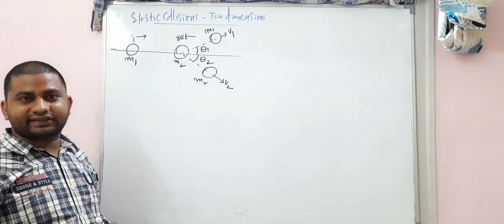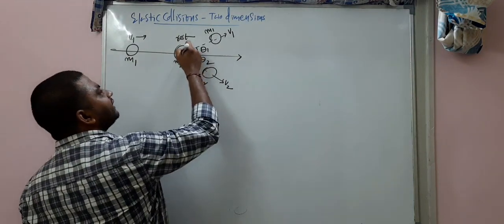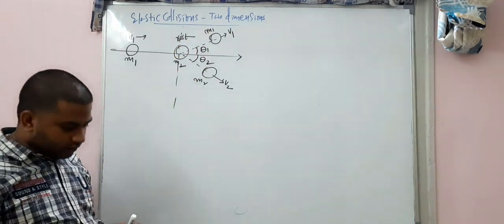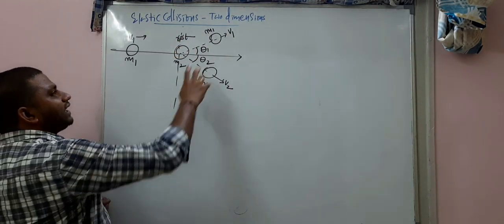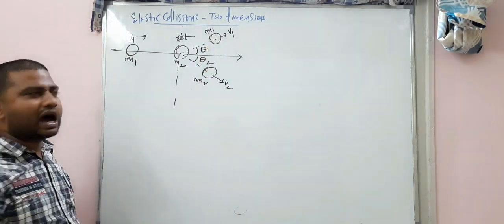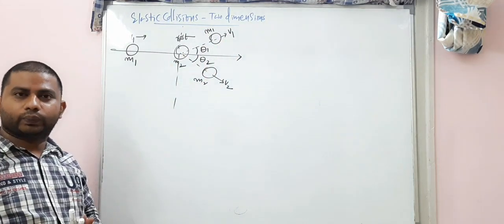You can take this as the x-axis and this as the y-axis. This m1 v1 is not acting along the x-axis or the y-axis, yes or no?